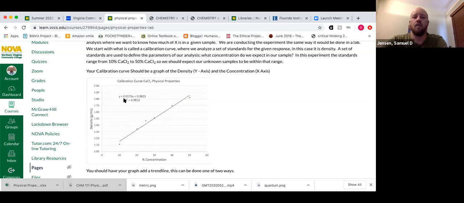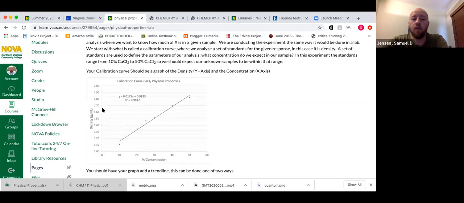So you have the density of the unknown. We would measure the density of the unknown. We don't know its concentration. So with this equation, you would plug the density of the unknown, which is a numerical value, in for y. If you plug that in for y, the only value you don't have now is x.